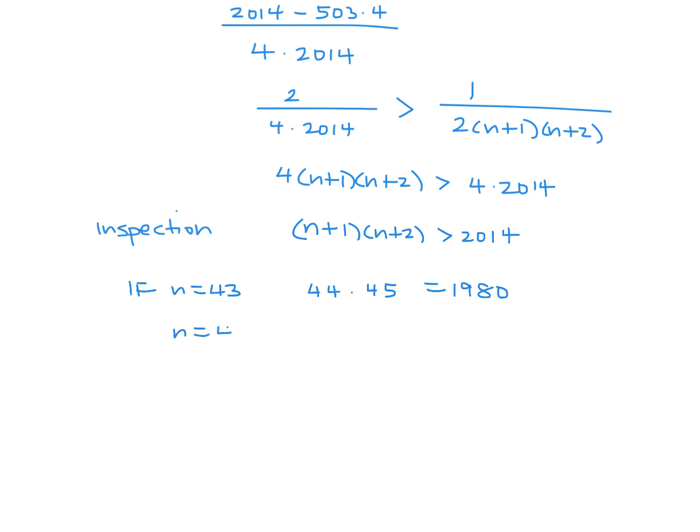If n is 44, this would become 45 times 46, which is 2070. Okay, so when n equals 44, that's the first time you get over 2014. So there we go. n equals 44 is the smallest integer that satisfies the conditions.